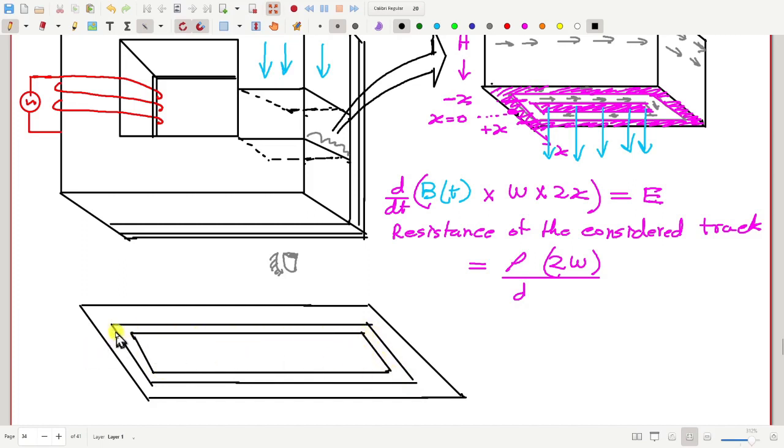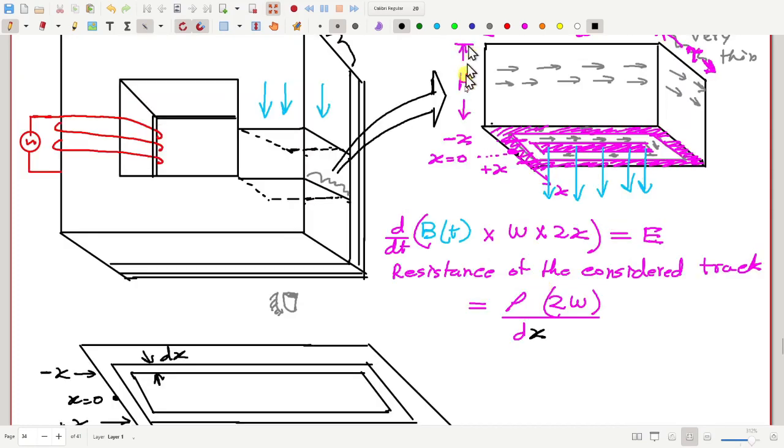This side is at minus x, this side is at plus x, the midpoint is x equal to 0, and this thickness is say dx. Then dx into this h is the cross-sectional area of the current path. So that's the resistance.